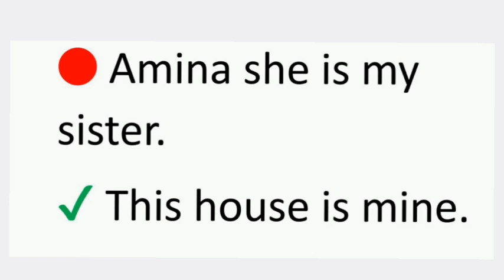If that expression happens, then we said it's incorrect completely, because Amina is a noun and she is supposed to be the replacement of a noun, which is a pronoun. So in this case, the only time where you're going to have a correct expression with Amina, she is my sister, is either you have Amina is my sister or she is my sister.